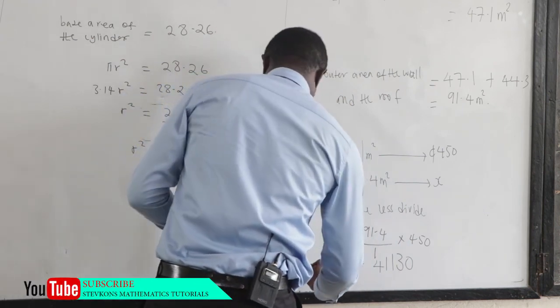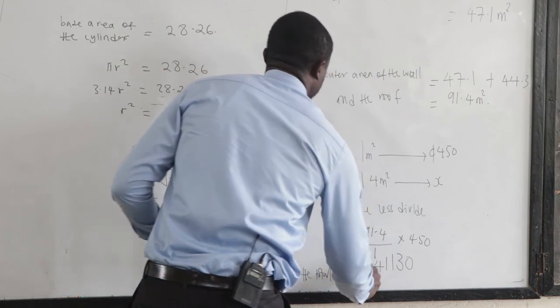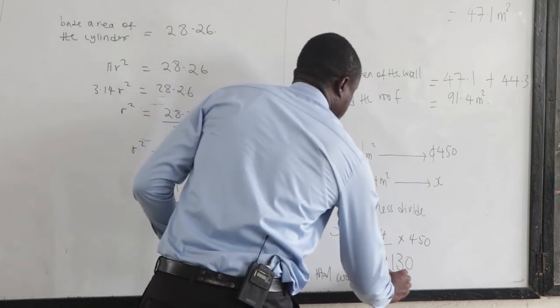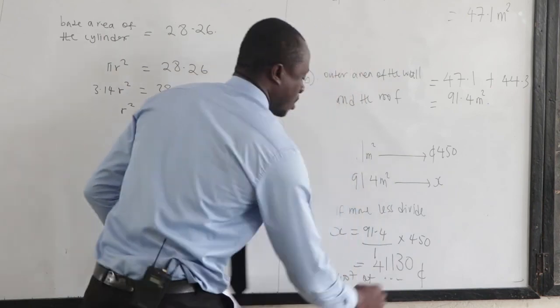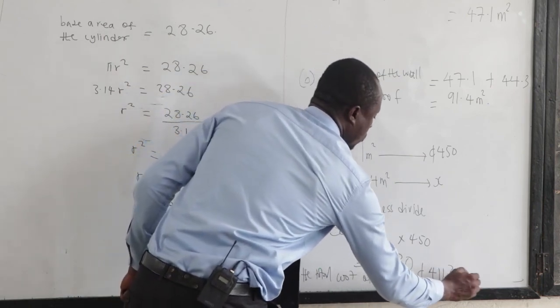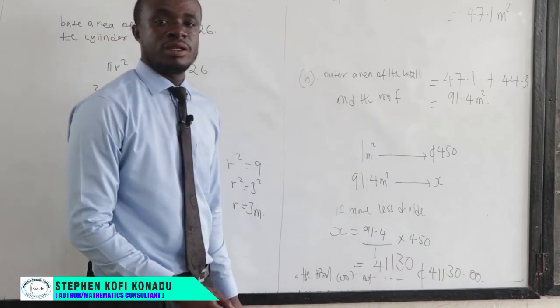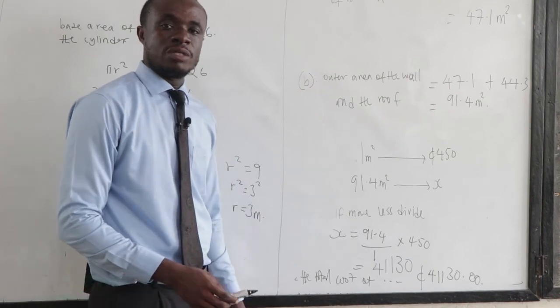Clearly, the total cost of painting the wall, don't forget to add your units. So we have 41130.00. Because it's currency, we have to end with 2 decimal places.